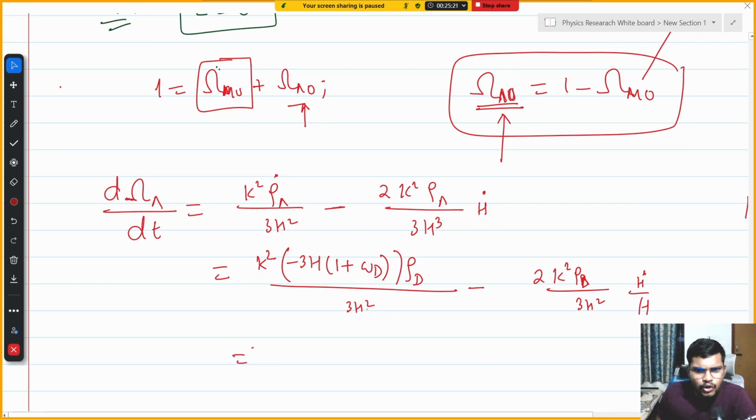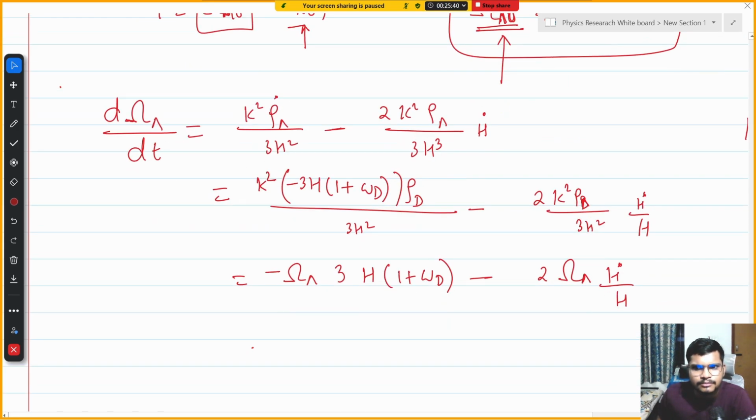Now kappa squared rho d over 3H squared is basically omega d or omega lambda, whatever you want to say. This is minus 3H times 1 plus omega d, minus 2 omega lambda H dot over H, right?